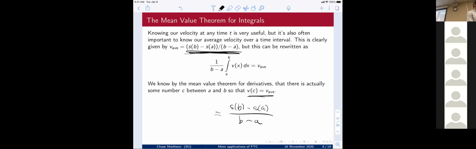So there is some C between A and B so that S prime of C is equal to that, and S prime of C is just V. That means there's some C so that V of C is equal to this thing, which is just the average velocity.